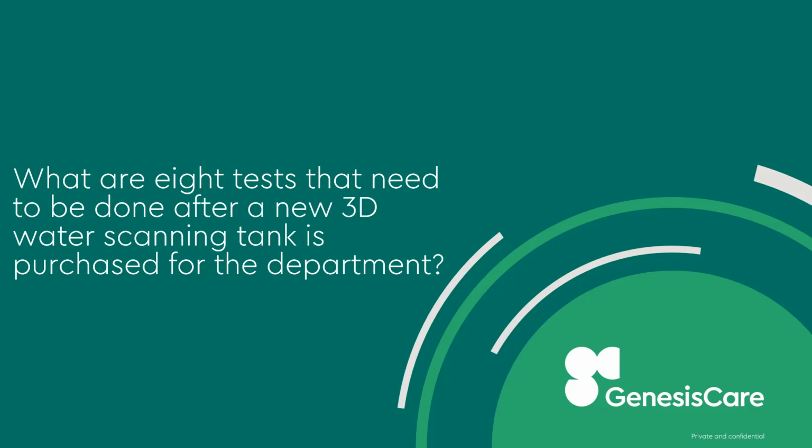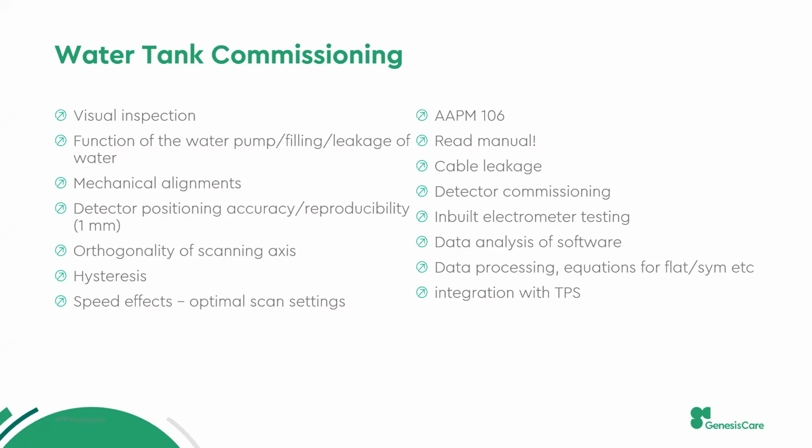Answered, but let's make it in a clearer way: whenever you get anything, you need to check your documents first, which we ignore most of the time. You have ordered something, and you need to verify that you are getting the same water phantom with the same specs you ordered, right? That's the first thing, the documentation. And secondly, because it has been transported from somewhere else, you need to do a physical inspection, a visual inspection, that it is fine and its physical integrity is intact.